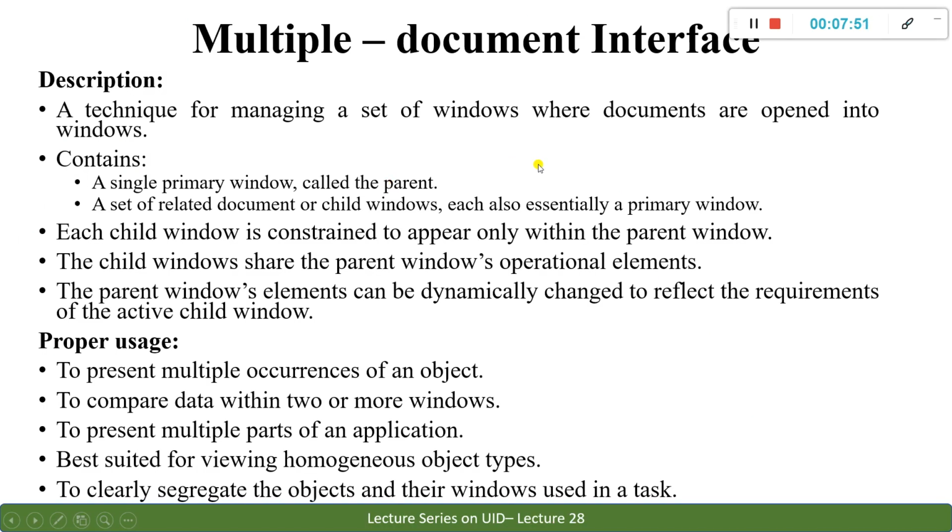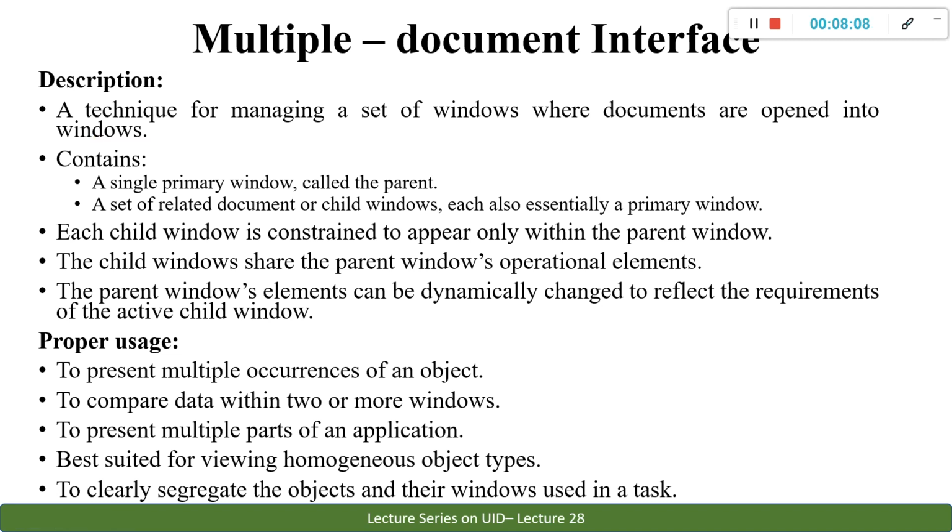Okay, so next comes multiple document interface. So this technique is used for managing a set of windows where documents are opened into one window. So you have multiple set of windows opened into a single window.